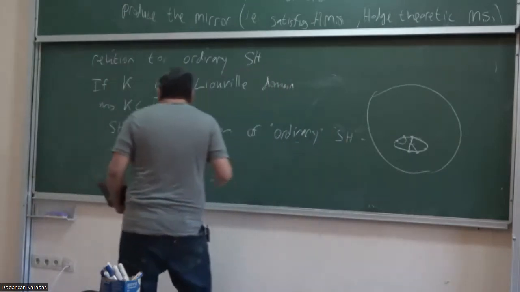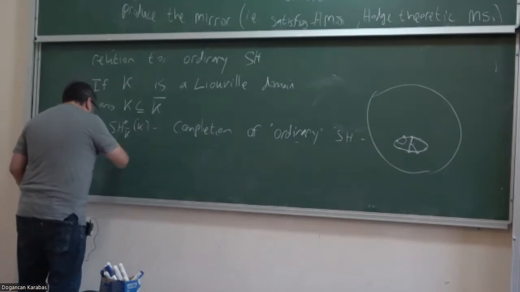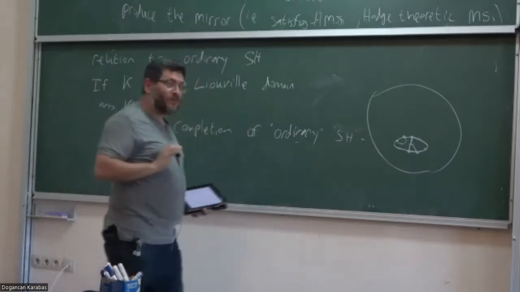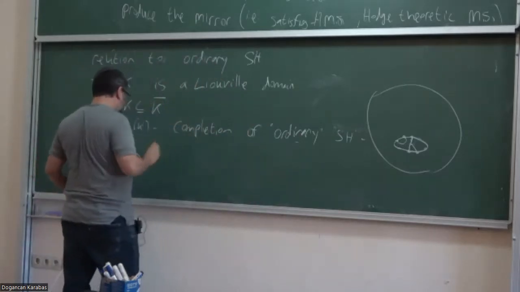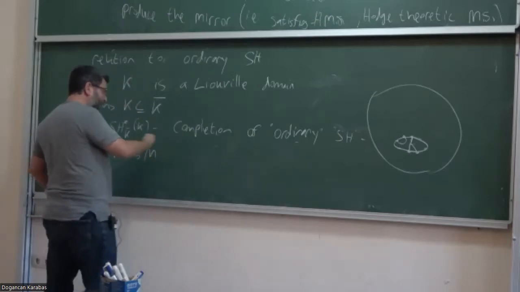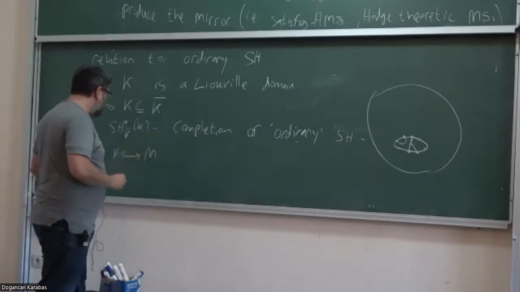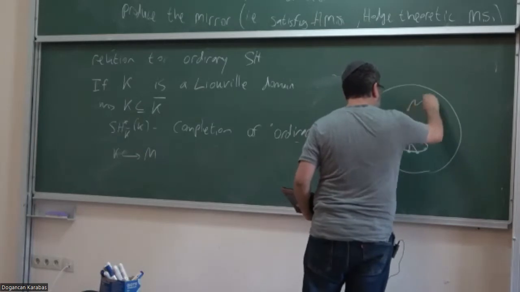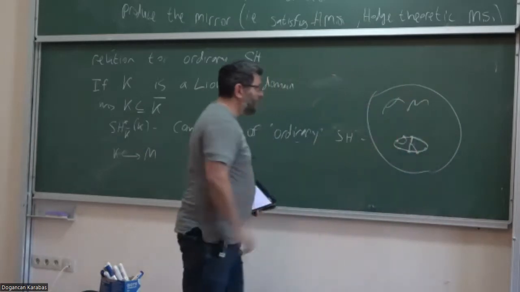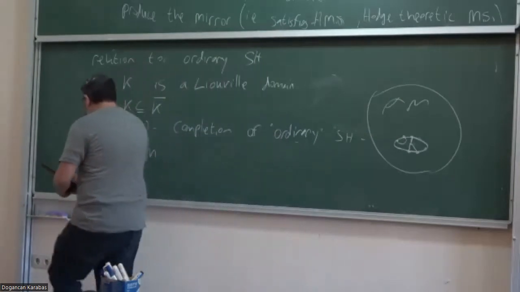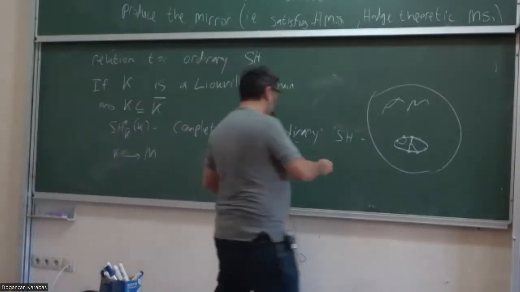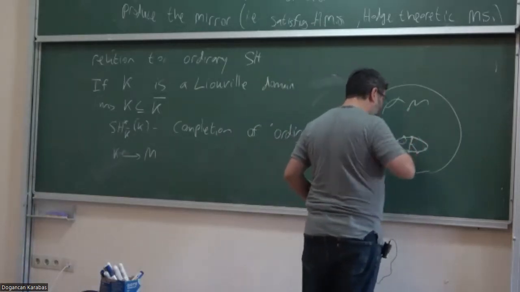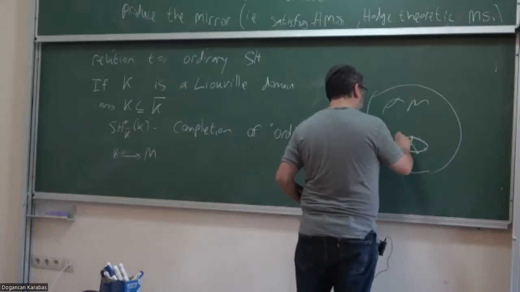Now suppose we have an embedding of K inside some manifold M. So M now is not the completion of K. It's just arbitrary, it could be a closed manifold, it could be an open manifold, but K is not embedded as a Liouville subdomain. There's no exactness assumption. Let's think of this as M. You have this ordinary SH, and then you get, morally at least, since making this precise is a non-trivial matter, you should think of it as a deformation.